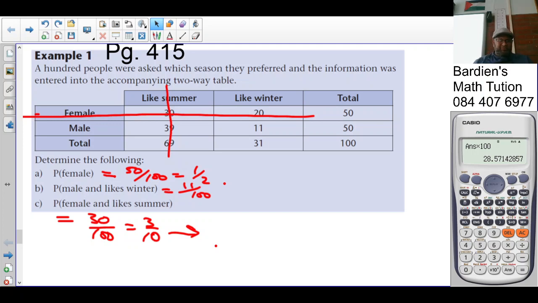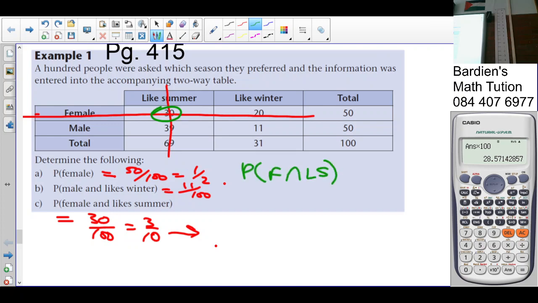Alright, so now we're going to consider whether the season preference depends on gender or not. So if we look at example 2, determining whether events are independent or dependent. If A and B are independent events, then the probability of A and B, that is basically your intersection, where they meet. Like if we look at this here, this is the probability of female and likes summer.